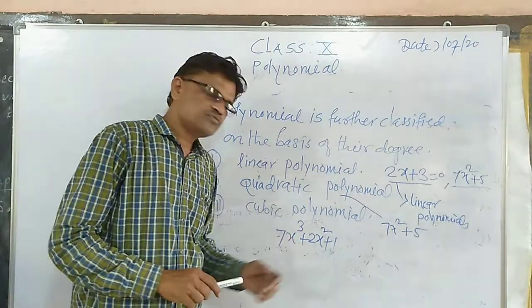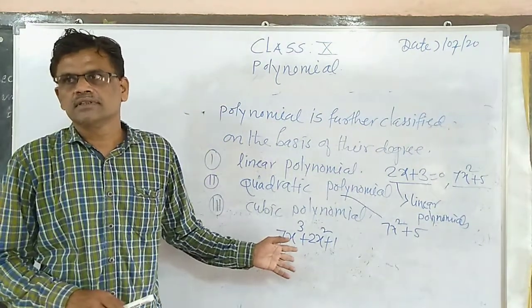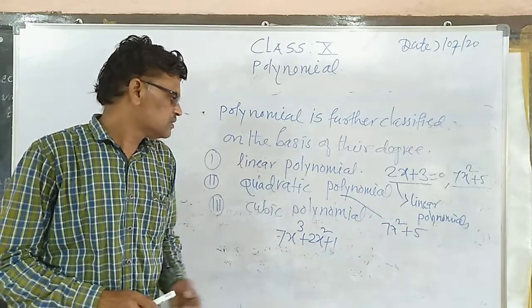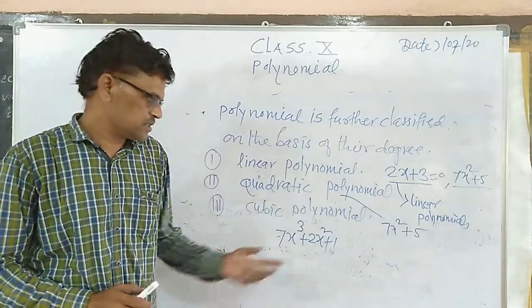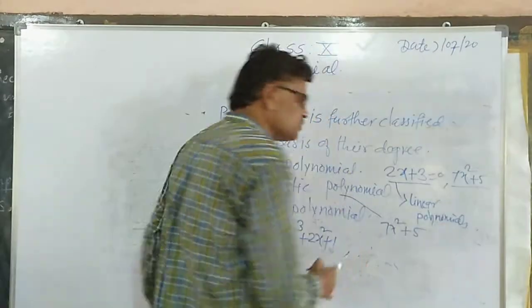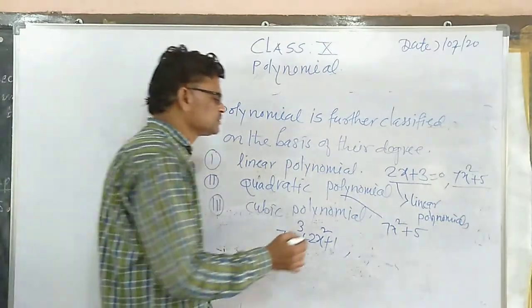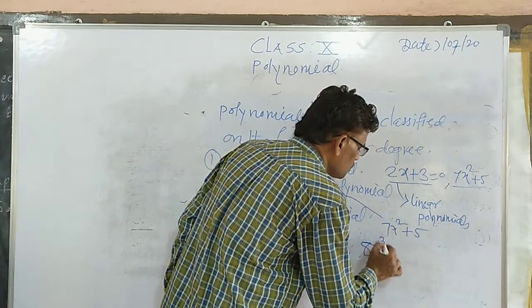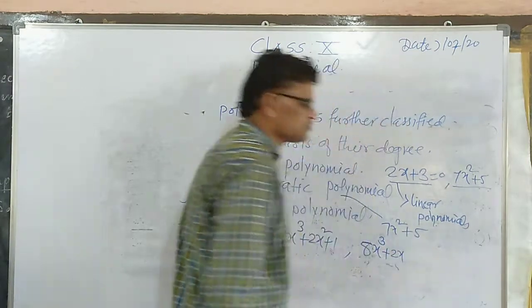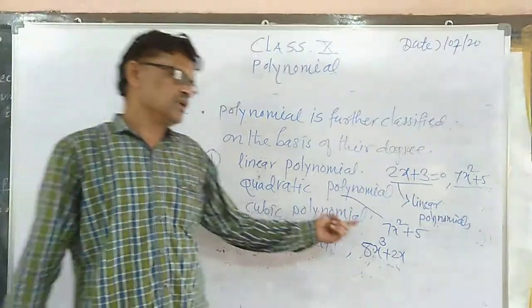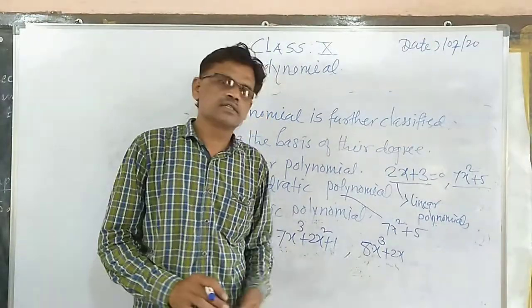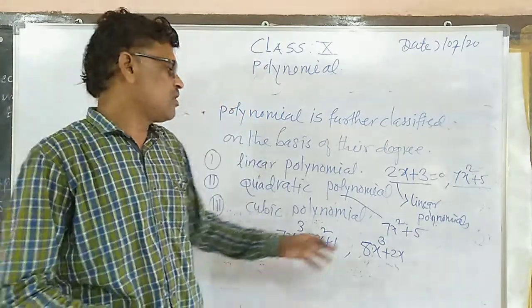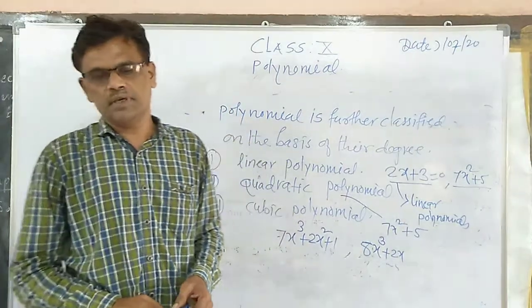Therefore, we can say this is an example of a cubic polynomial. Dear student, here is another example: 8x cube plus 2x. In this case also the degree is 3. Therefore, this polynomial is called a cubic polynomial.